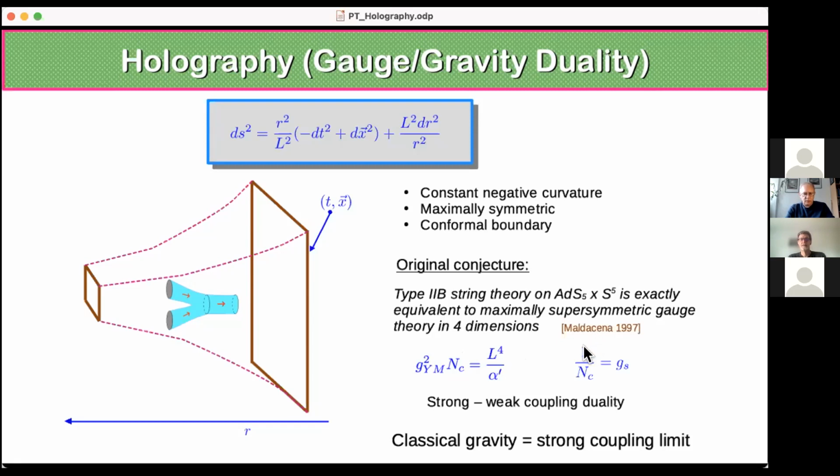And the inverse of the rank of the gauge group is proportional to the string coupling, which describes the amplitude for joining and splitting a string, like it's depicted here. So in this way, you can map the expansion of string theory, which is an expansion on the world sheet conformal field theory given by this parameter here, and then an expansion in terms of the string splitting and joining amplitudes given by this.